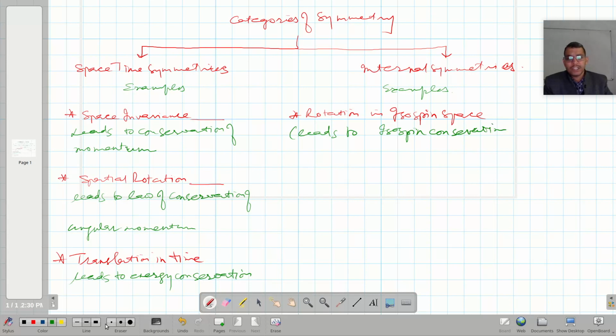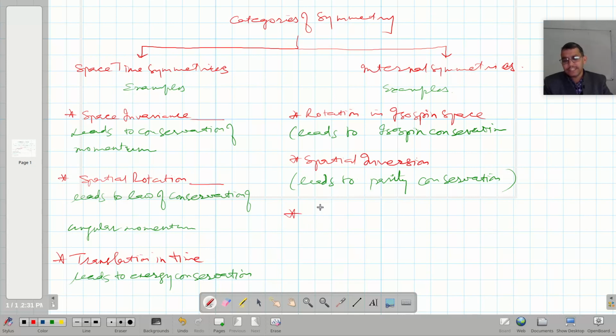And another is spatial inversion, and this leads to parity conservation.